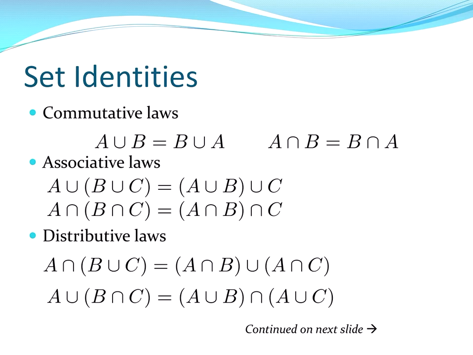The distribution of intersection over union in the first line, and the distribution of union over intersection in the second line. A intersect (B union C) gives us (A intersect B) union (A intersect C), and similar for the next line. All of these things can be proven in a couple of ways, as we'll see in a little bit, but a few more identities are before us.